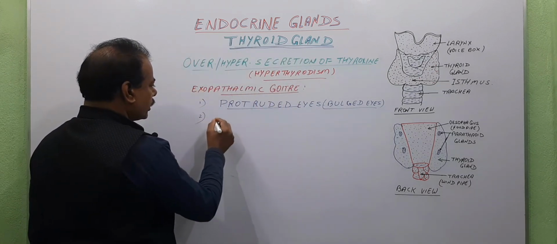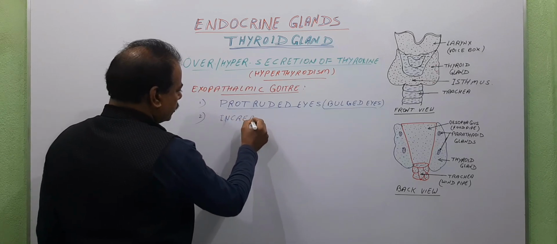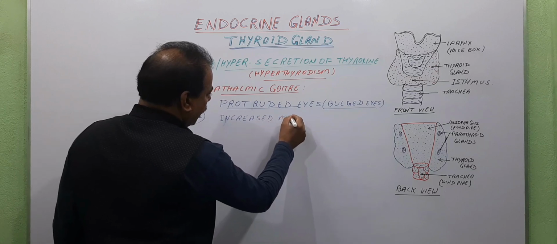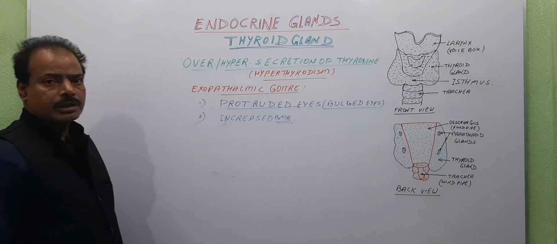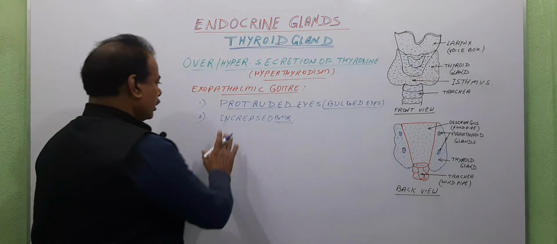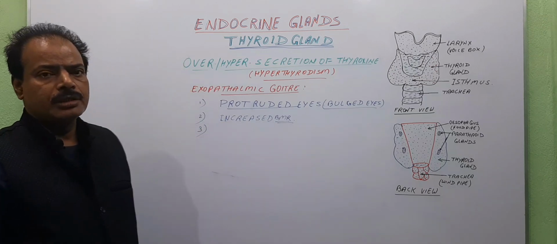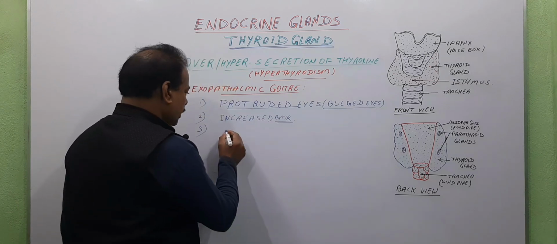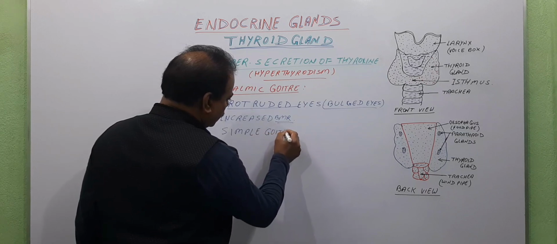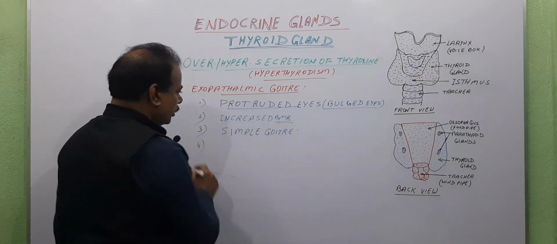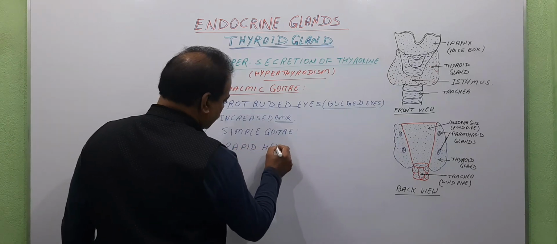Number 2, increased BMR, meaning basal metabolic rate is increased. It becomes fast. Number 3, sometimes simple goiter can be seen also. Number 4, rapid heartbeat.